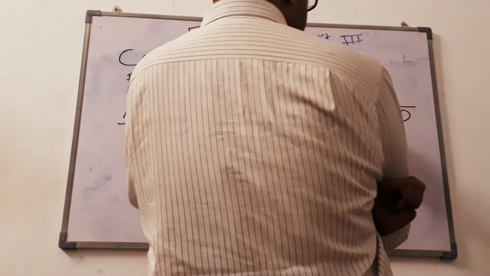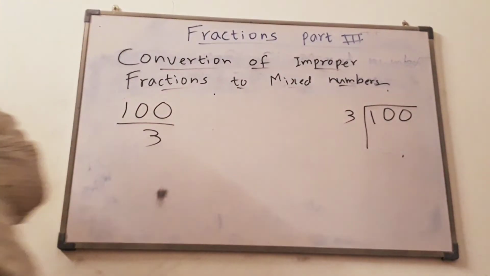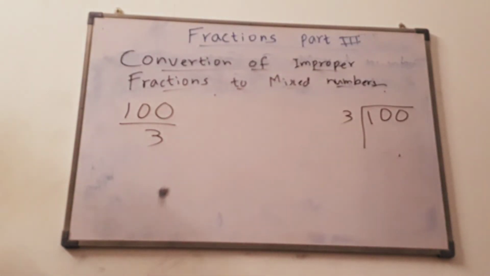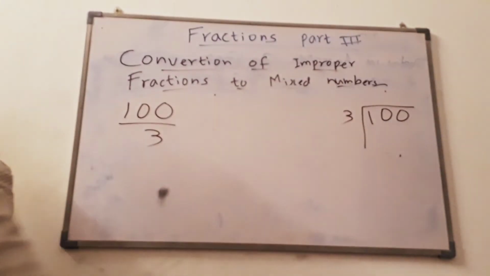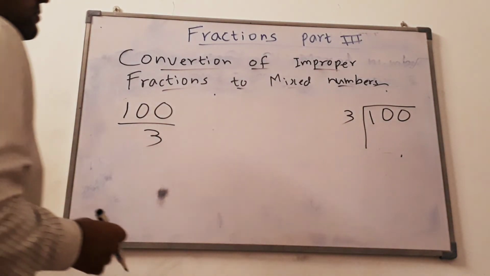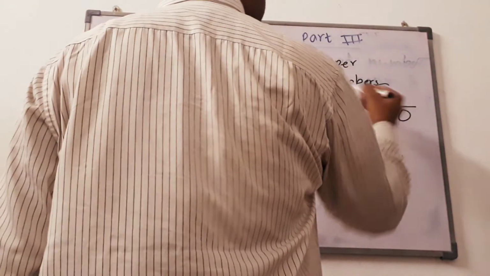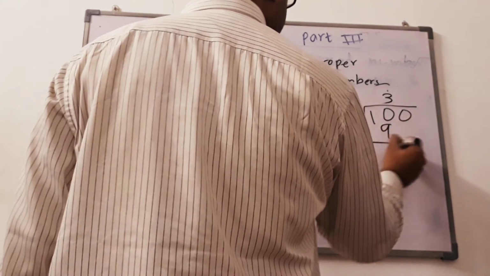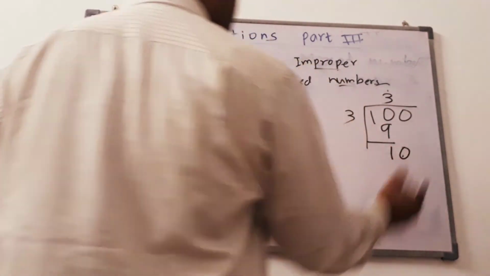In 1 there's no 3, but in 10 there are a couple of 3s. What is the highest multiple of 3 that is less than 10? That is 9, which is 3 times 3. 10 minus 9 means 1.